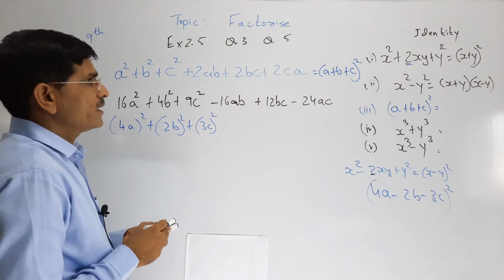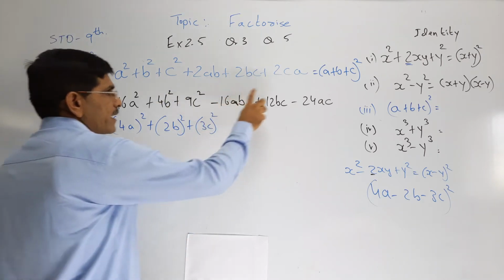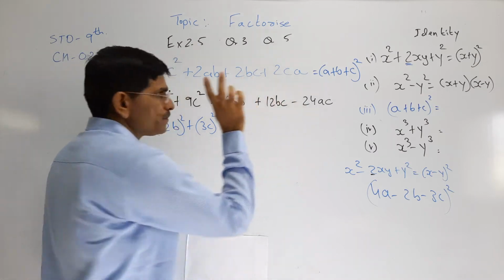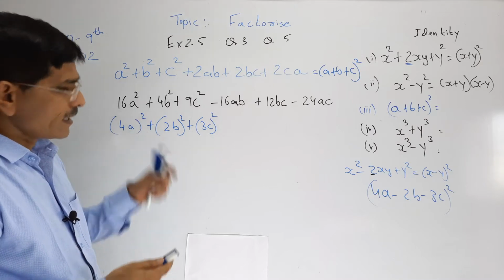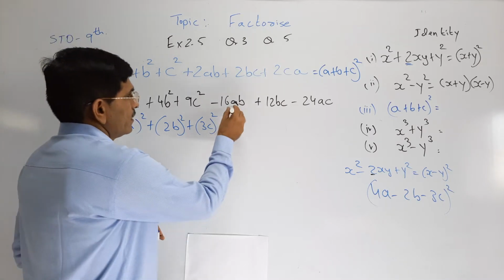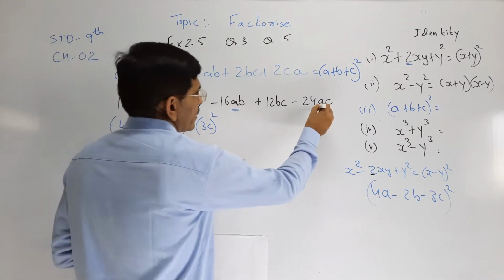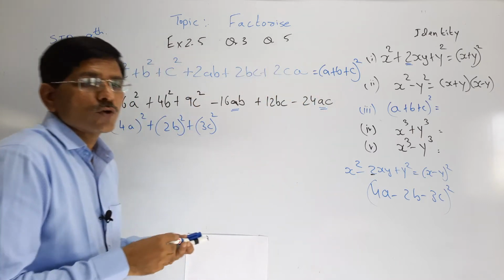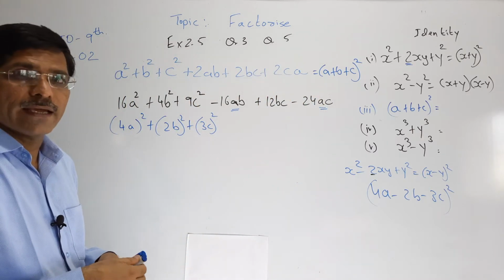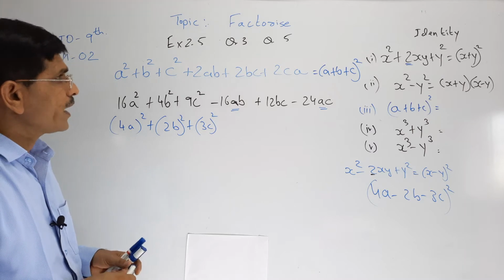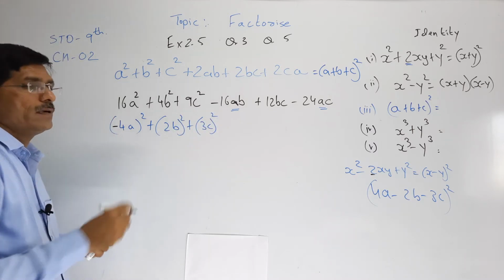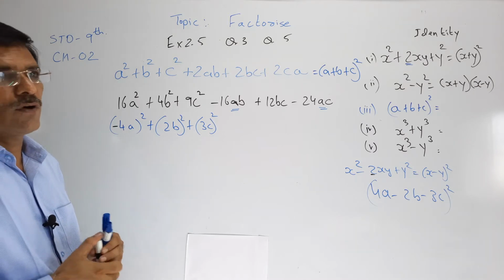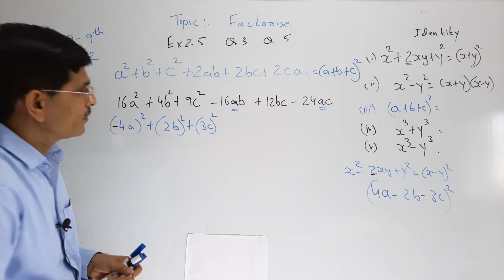Now the important thing is, how many terms are negative? 2 terms are negative. So which are the 2 terms? Here variable a, here variable a. So the common variable is a. I have to put the negative sign on the common variable.